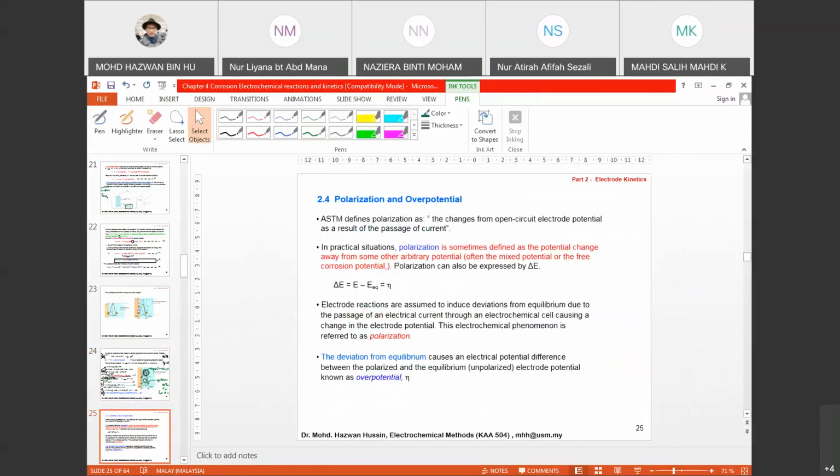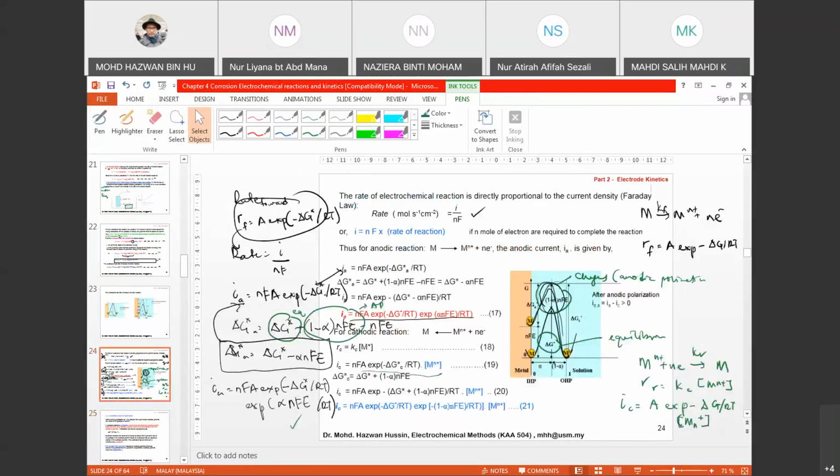So after all, we have talked about anodic polarization and cathodic polarization. Cathodic polarization, before I forget, means that you have more reverse reaction, which gives you more reduction.